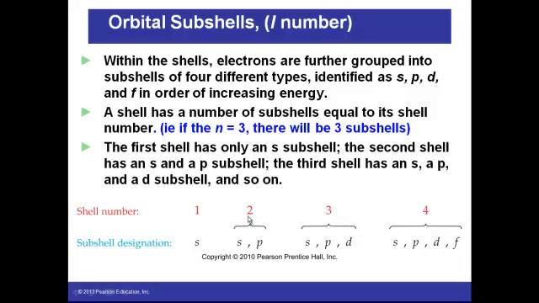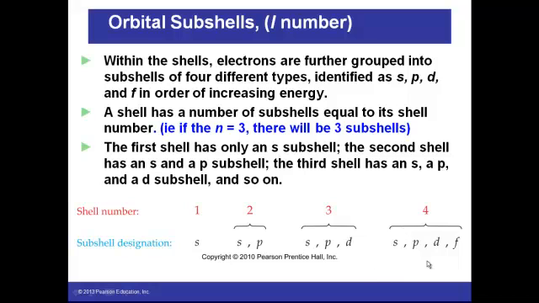If you move down to the second row, it's big enough to house both the S subshell and a P subshell. The third shell, as you get even bigger, can now house the S, the P, and the D subshell. And then when you get to the fourth level, it can house S, P, D, and F subshells.